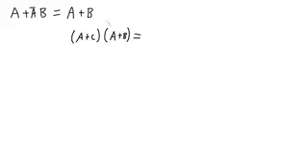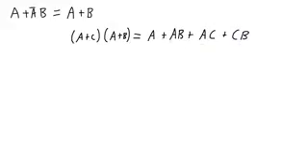So A ANDed with A gives me A, ORed with A ANDed with B gives me AB, ORed with C ANDed with A gives me AC, ORed with C ANDed with B, CB.